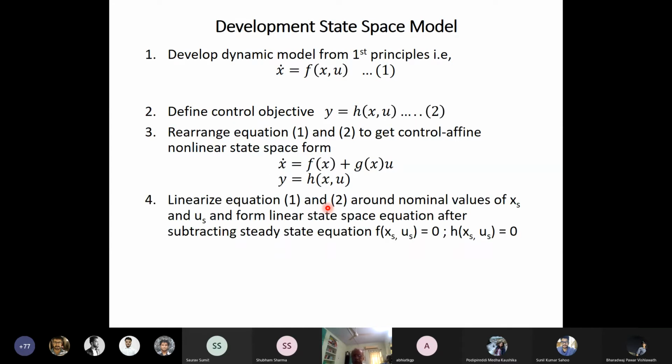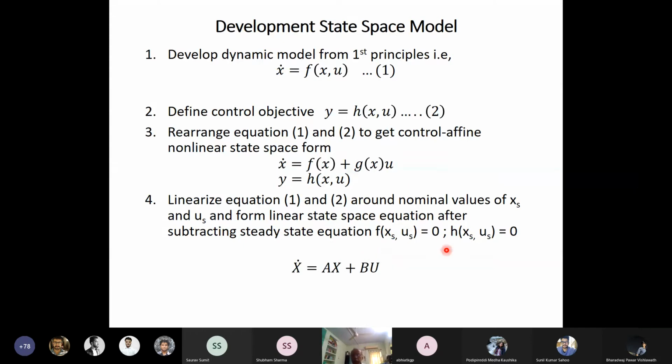For the linear state space model, you have to linearize equation 1 and equation 2 around some nominal values of x's and u's, and form the linear state space equations after subtracting the steady state equation from the unsteady state equation.